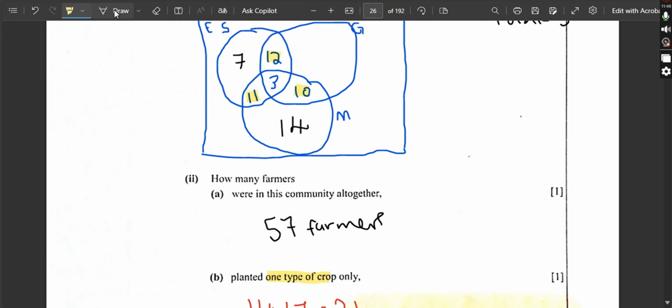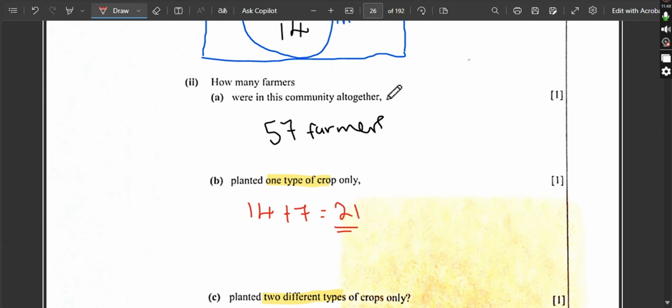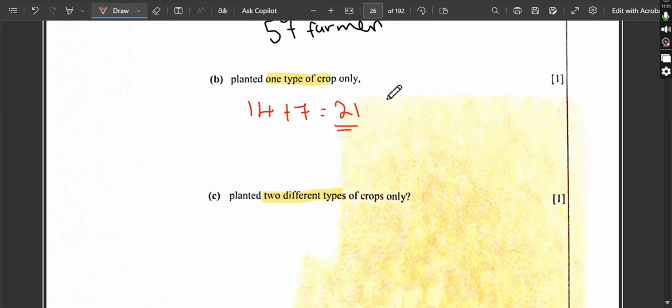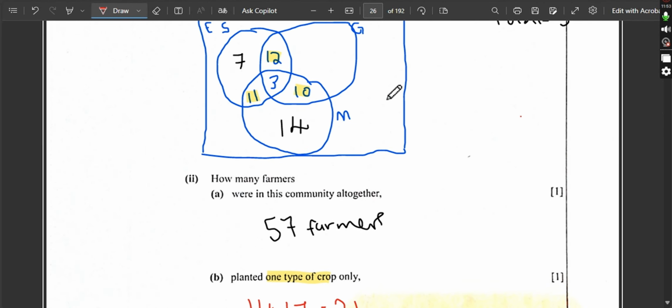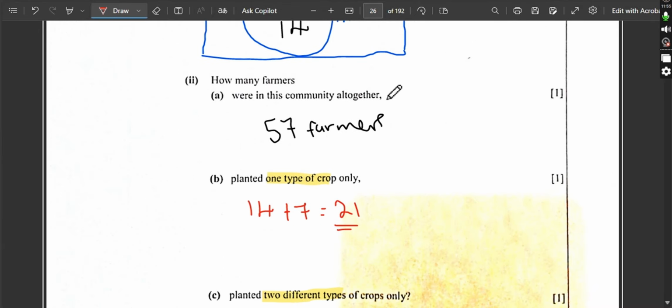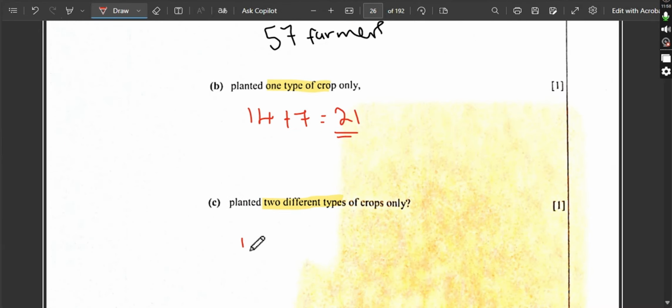Then we are just going to add these. 12, 11, 10, and this is 3, and this is 3. So you get 33 farmers.